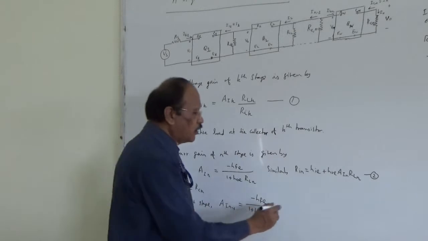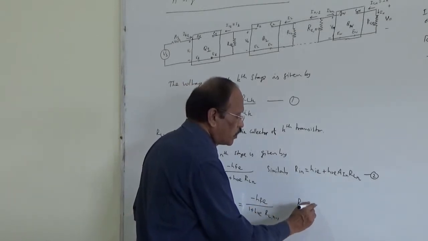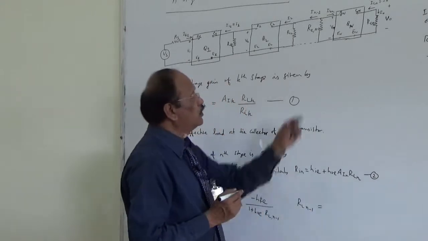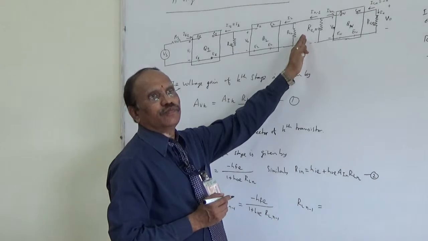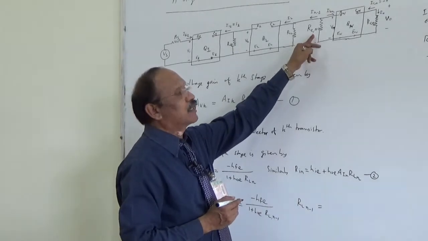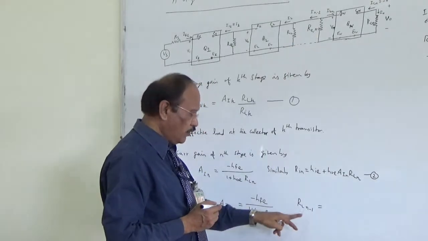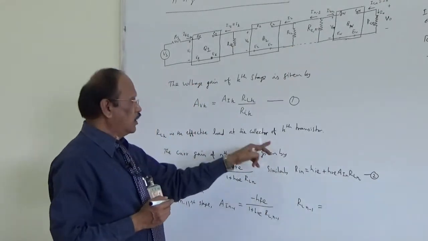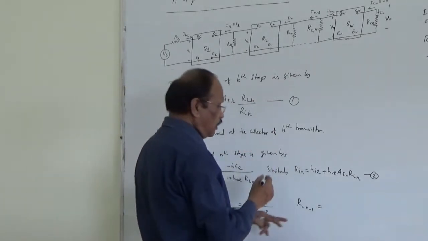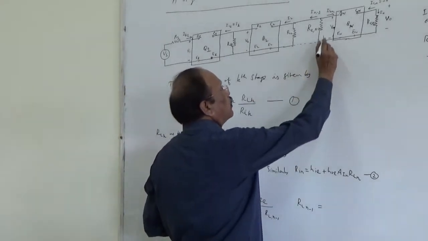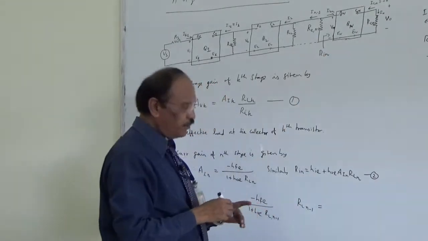So what is this RL n minus 1? RL n minus 1 is the load resistance for the previous stage, but for the previous stage the collector load resistance is RC n minus 1. So then how will you determine the effective load at the collector of this particular stage? Actually this will be shunted with the input impedance of the nth stage.